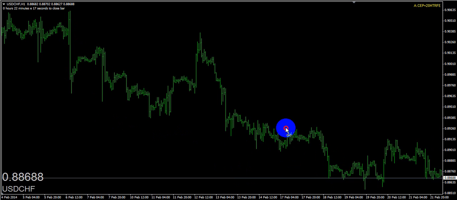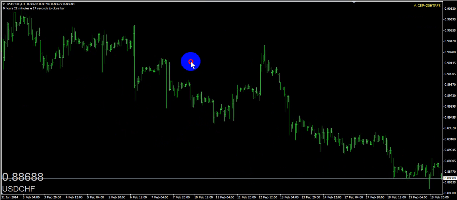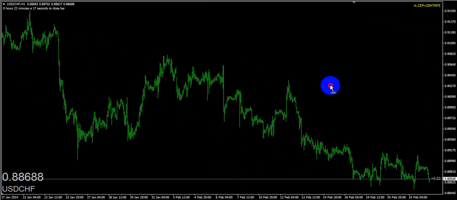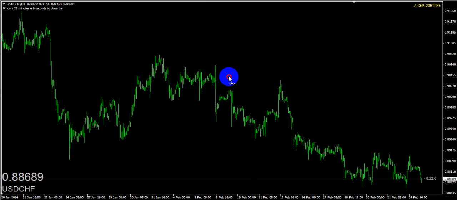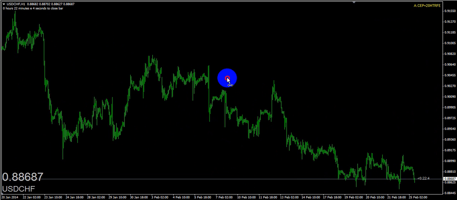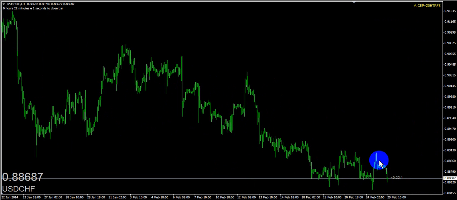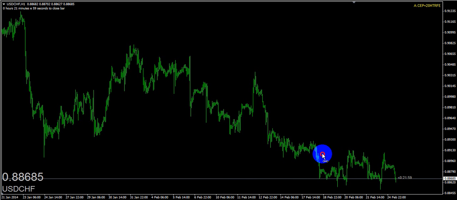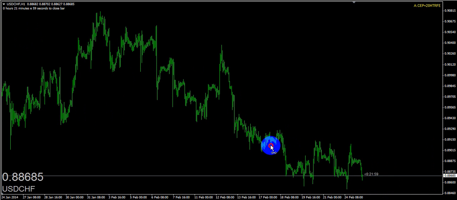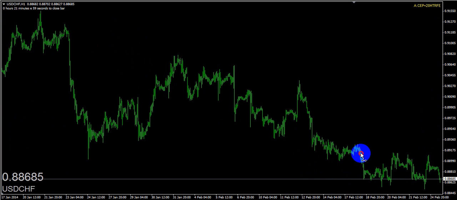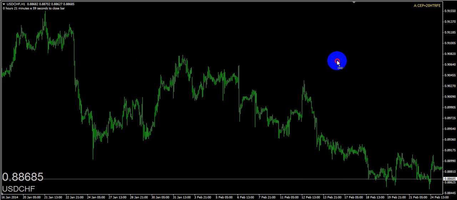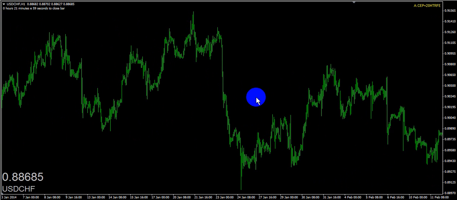Now for this particular pair, I'm going to use the 4 hour fork because price is too volatile and is narrowing in this range for me to be able to trade any larger fork on a smaller time frame, I mean. So let's see what we can get.